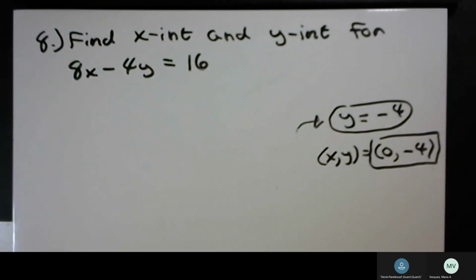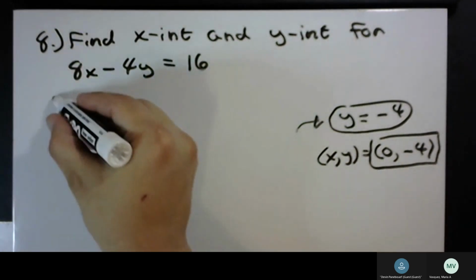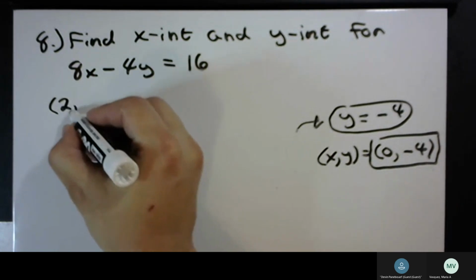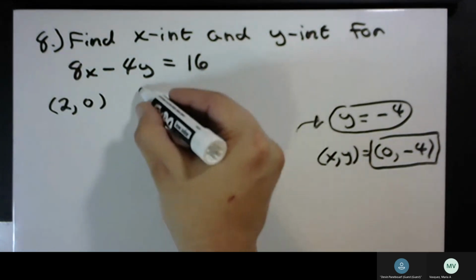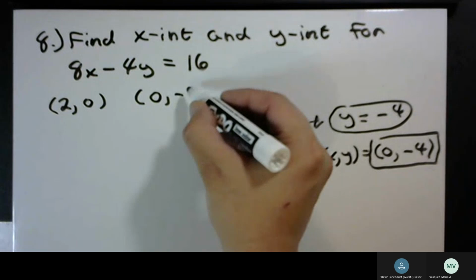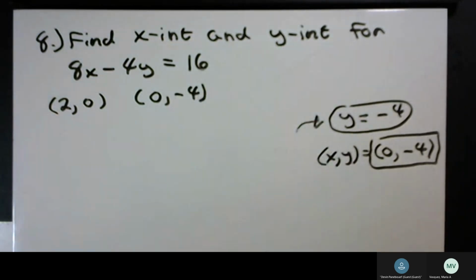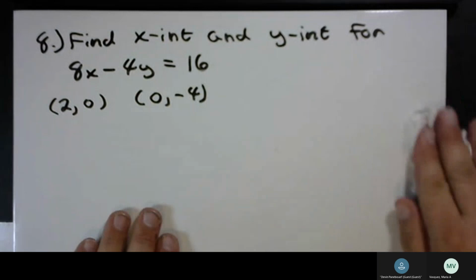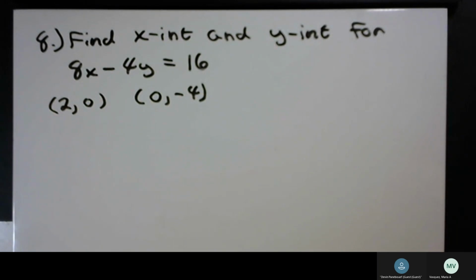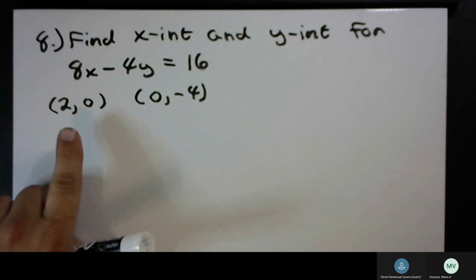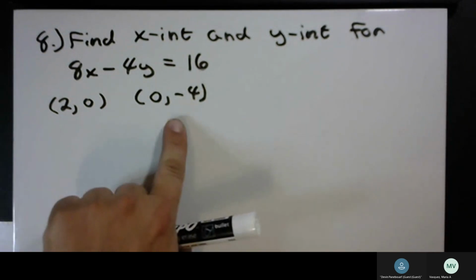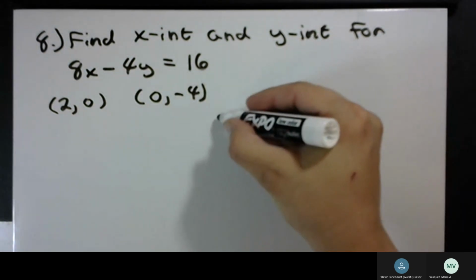If you're absolutely not sure what to do, here's our x-intercept from 4, and here's our y-intercept. Remember, to graph a line, you just need 2 points. So you can generate 2 points by coming up with an x-intercept and a y-intercept.